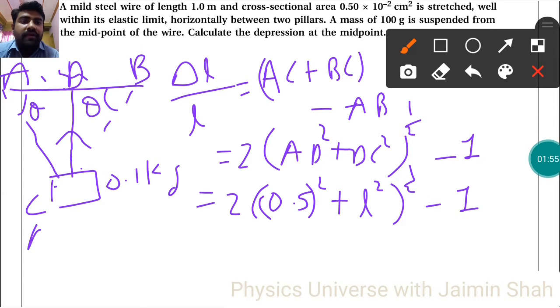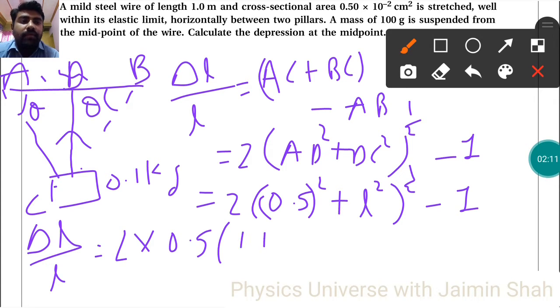Now for delta L upon L, since L square is small, we can neglect the higher terms. Taking 0.5 common, 2 into 0.5, then 1 plus L square upon 0.5 square, raised to 1 by 2, minus 1.